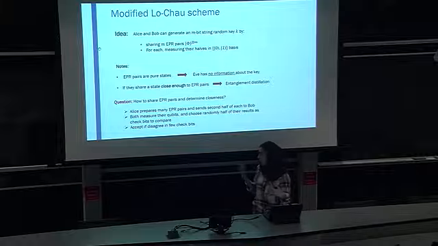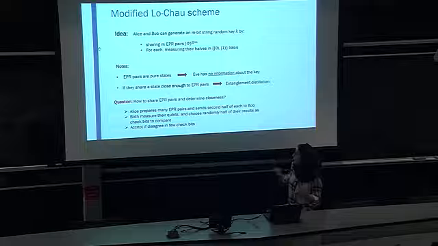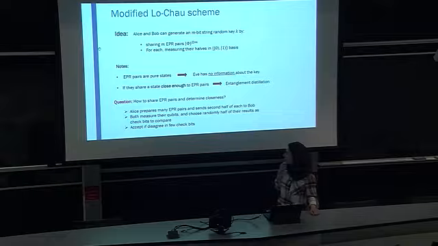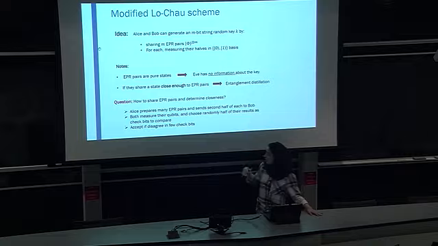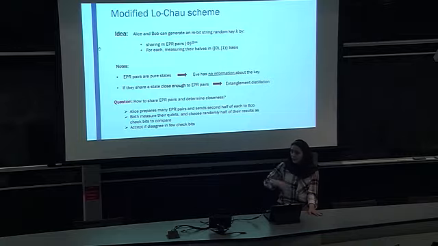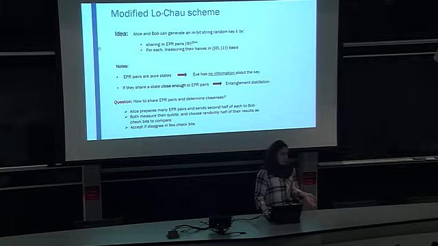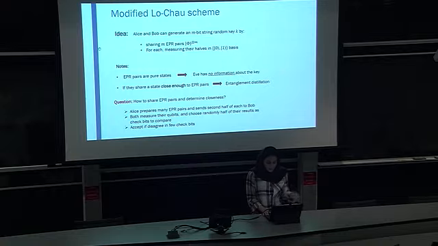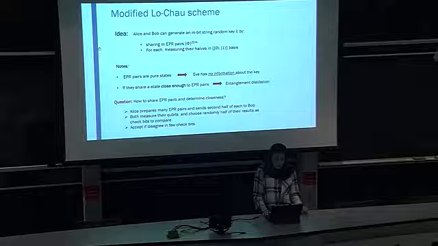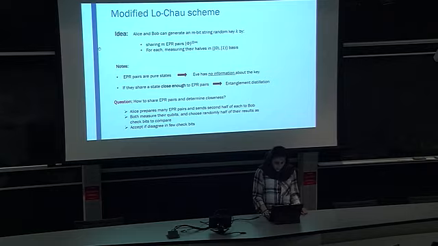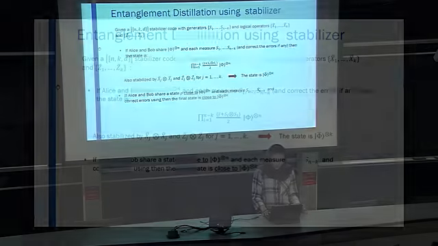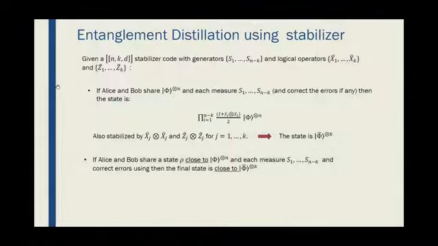If the error is high, they decide that Eve has lots of information about the EPR pairs, and if it's low, then they conclude that the rest of the states are close to EPR pairs, and then they use entanglement distillation to get perfect EPR pairs. Now let's see how they do entanglement distillation using quantum error correction.